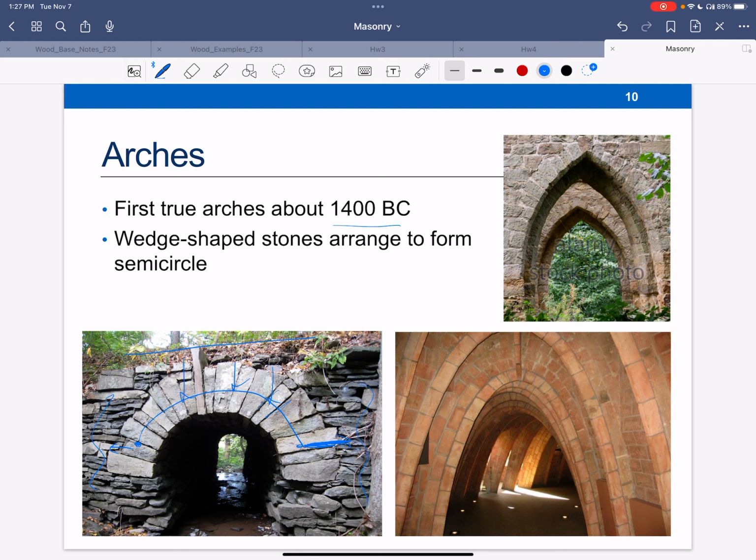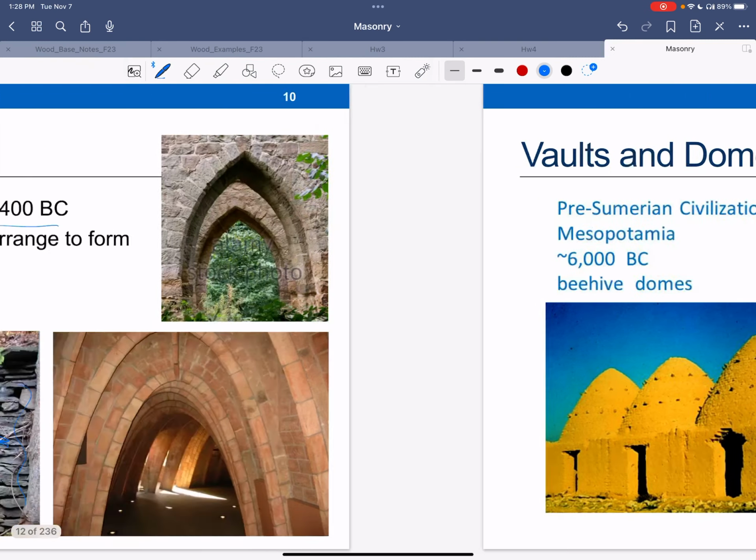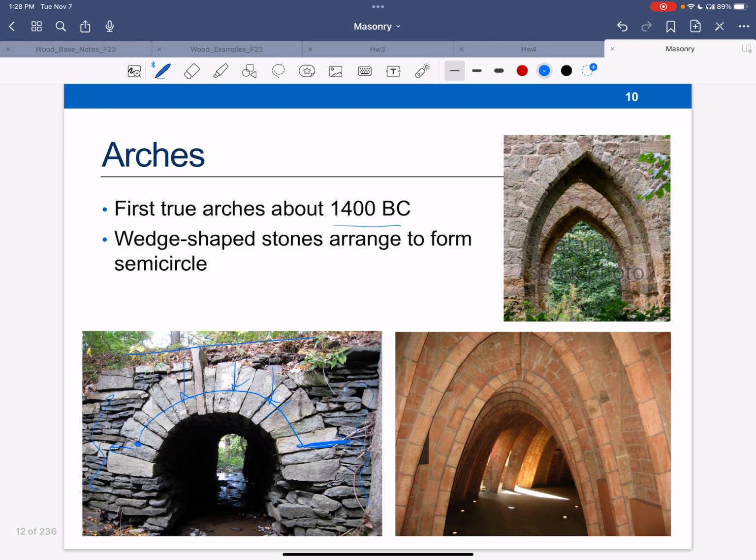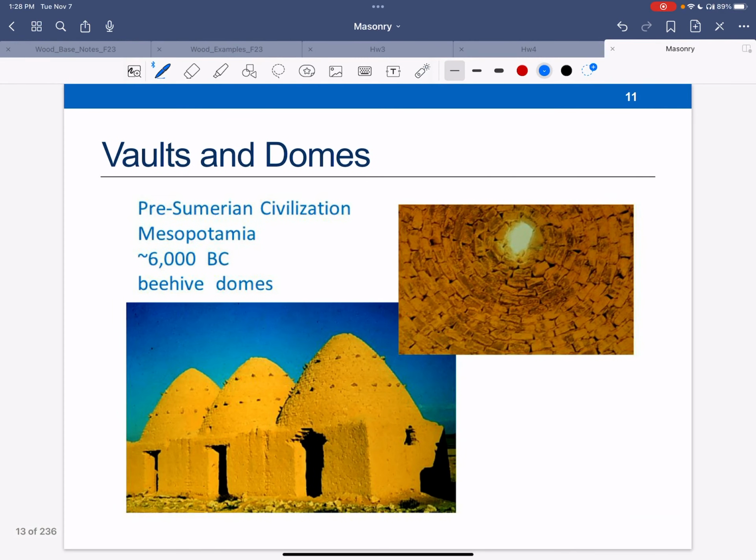Here's another arch example up top and some down below here. The wedge-shaped stones helped form this semicircle in this case. Now, if we go in the 3D direction, we start talking about vaults and domes, which are pretty complex structures actually, but can be done because we're relying on that shell arch and it being in compression.